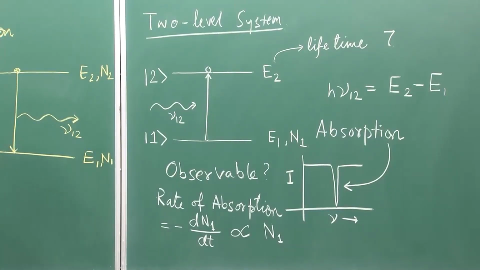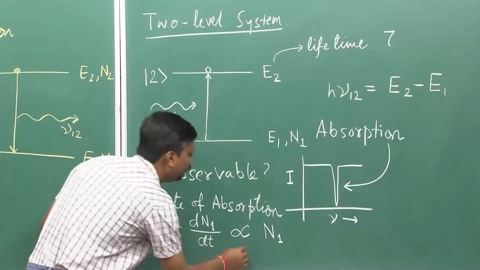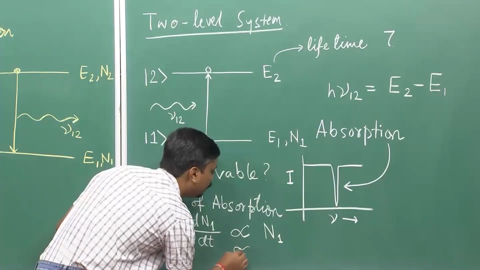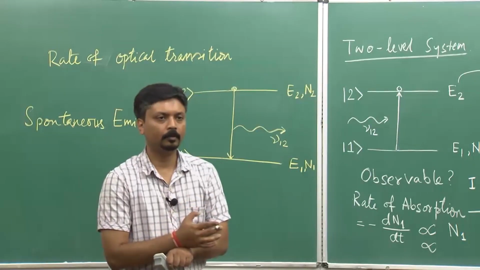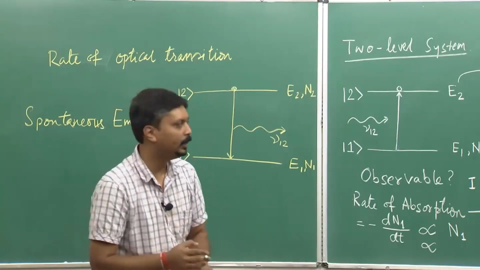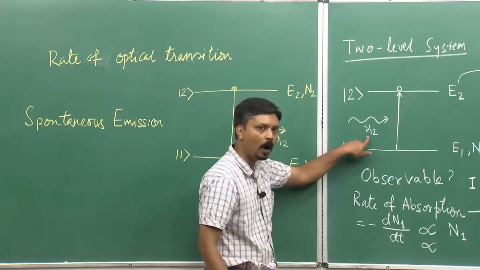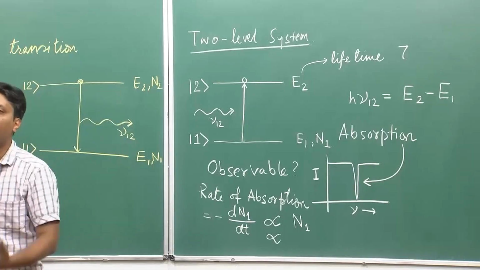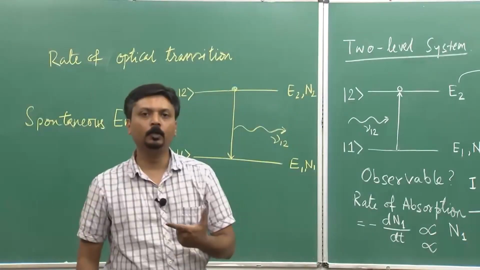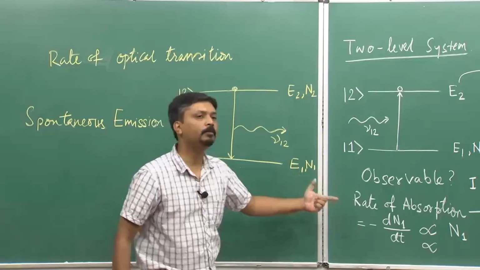And what will be the second thing that it can depend on? If you think about it, it will depend on the density of photons with energy h nu 1 2 that is available. So the more photons that are available to make this transition, the more the rate of transition will be.